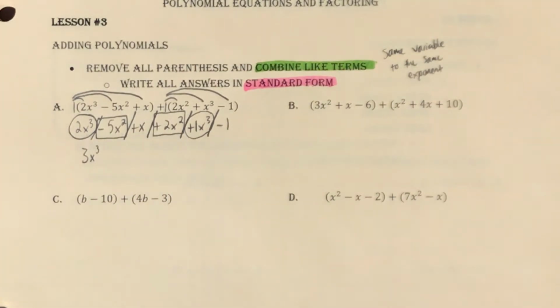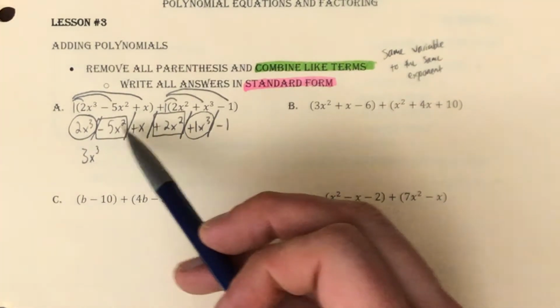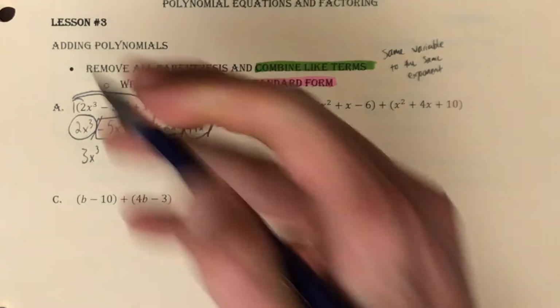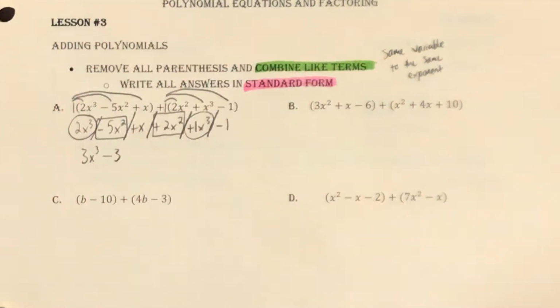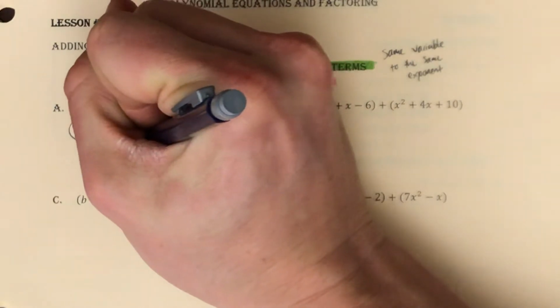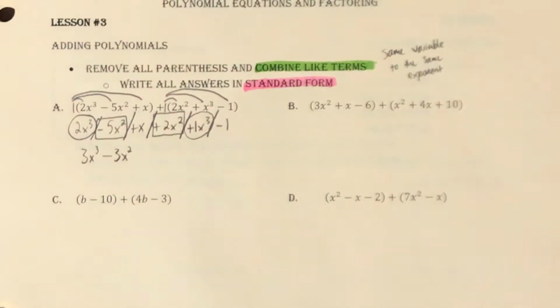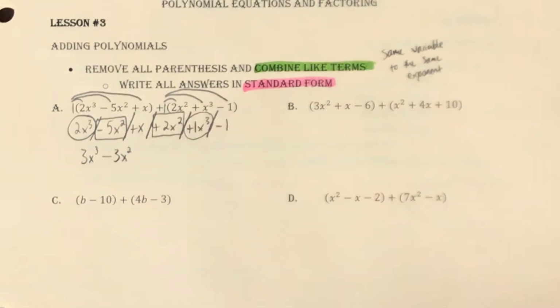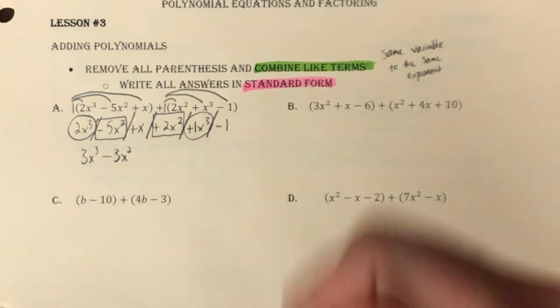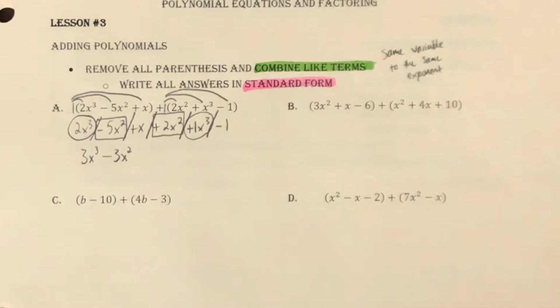Now I'm going to forget that they're x squared terms, and I'm going to say negative 5 plus 2. That is negative 3. And now I'm going to bring the x squared down with it. So again, the coefficients combine through addition or subtraction. Negative 5 plus 2 is negative 3, and then x squared is the type of term.